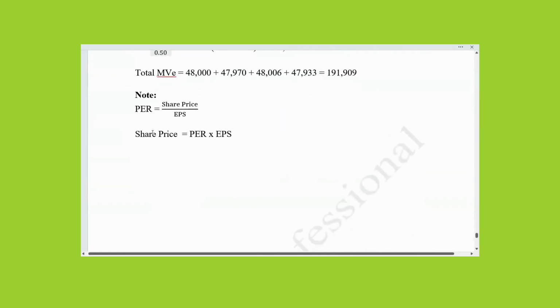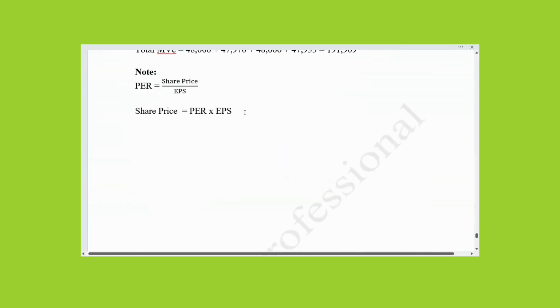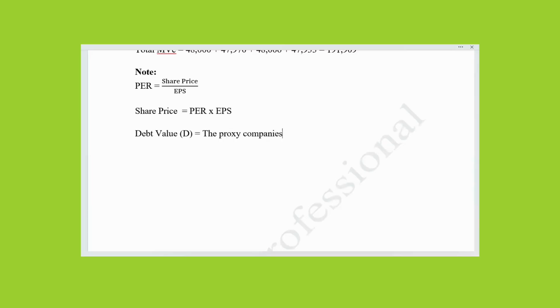So I will come here, debt value, right? Debt value denoted as D will be calculated as, let me put it this way. The proxy companies have bank loans.